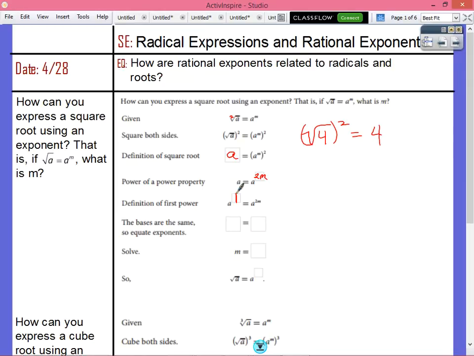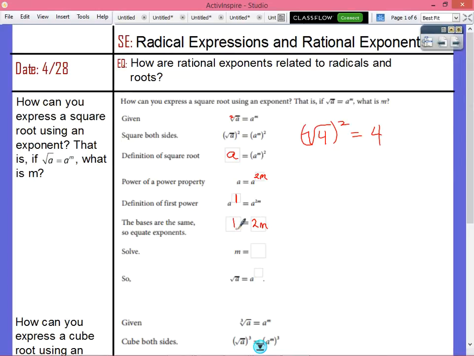Next step, it says if the bases are the same, we can equate the exponents. So since both of these are base a's, we can go ahead and just set the exponents equal to each other. In other words, we can say that this is 1 equals 2m. Well, what do we need to do to solve for m there?